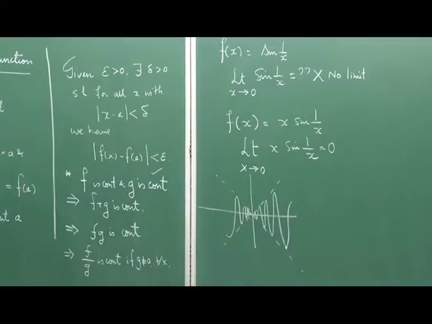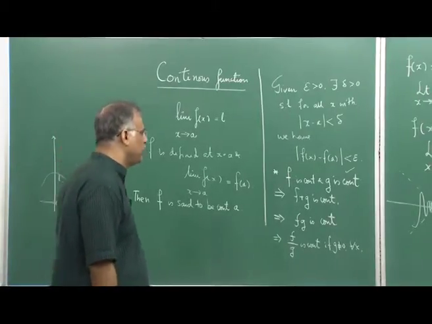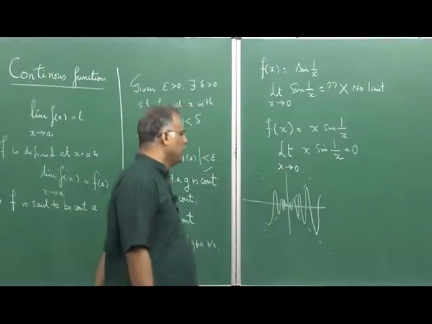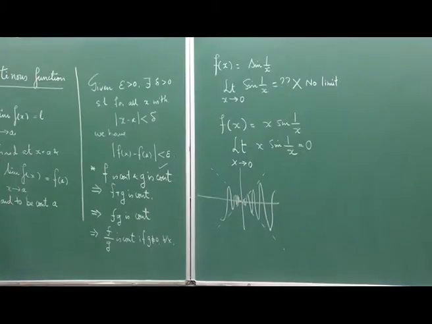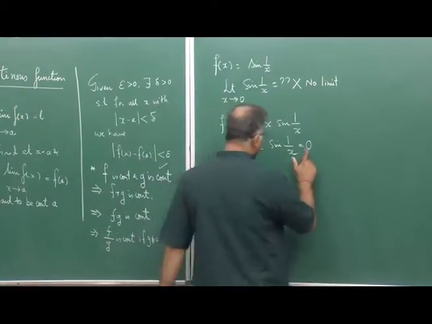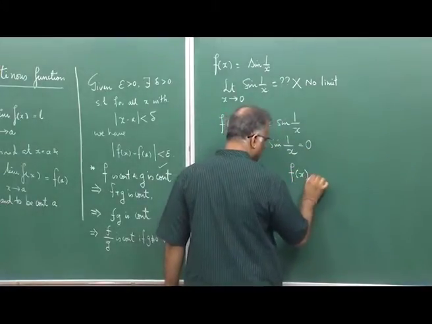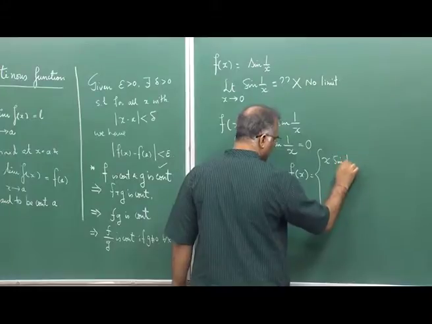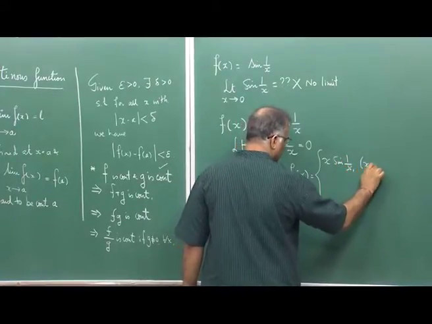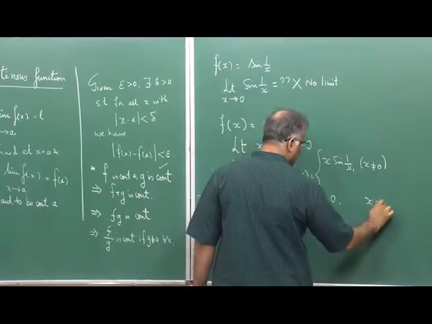Here the function is not defined at x equal to 0, it is clear, and hence there is some sort of a discontinuity there. So continuity cannot be defined in this way, but here we can redefine the function in the following way. Because I know that the limit is 0, let me define f(x) as x sin(1/x) when x is not equal to 0 and as 0 when x is equal to 0.